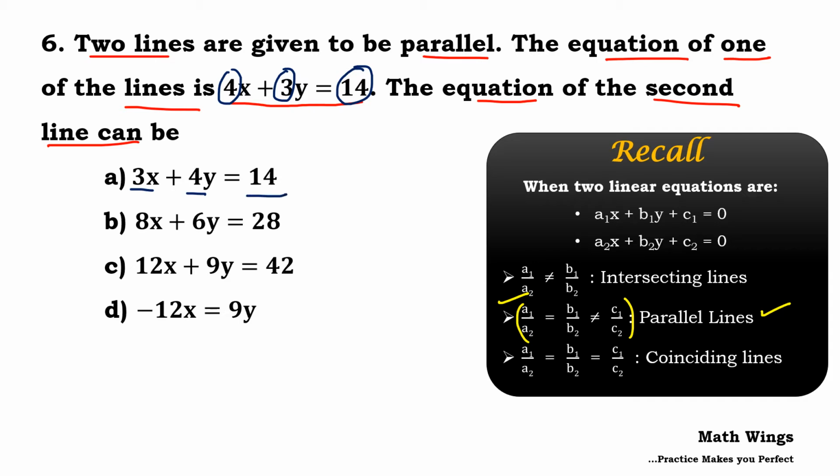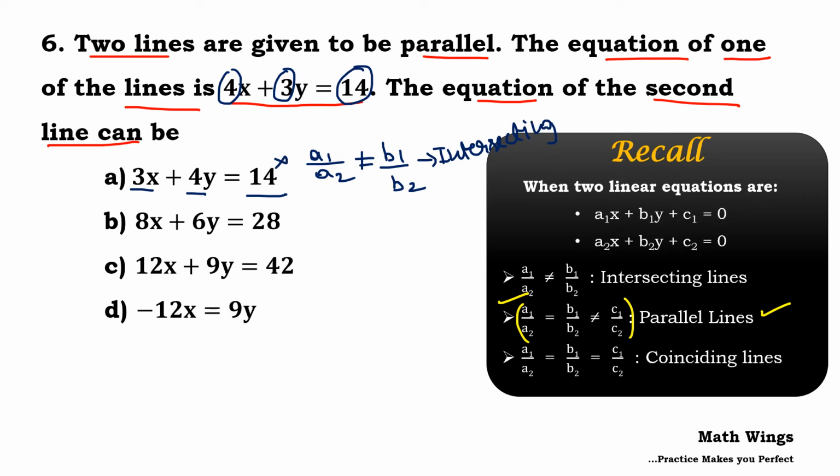So when we look at A2 and B2 itself, we can say that A1 by A2 is not equal to B1 by B2. Therefore, if we take this equation, it gives us intersecting lines. Correct? So, we can eliminate this option.